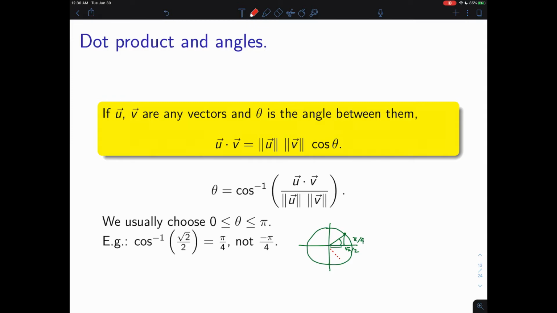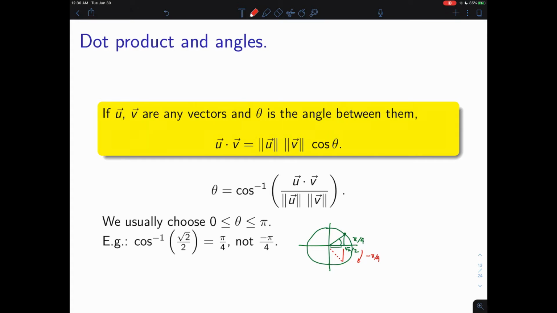It would give you the same cosine if you did minus pi over 4 as your angle. It would have the same horizontal x-coordinate. But we usually choose the pi over 4 instead of minus pi over 4. That's just a choice. Okay, so this is how you can use dot product to find angles between vectors.